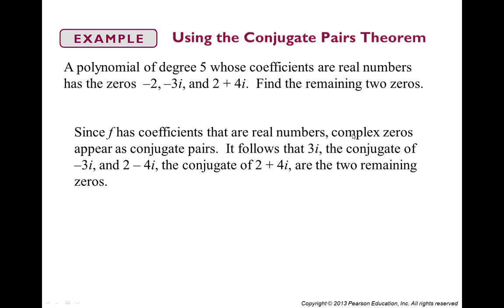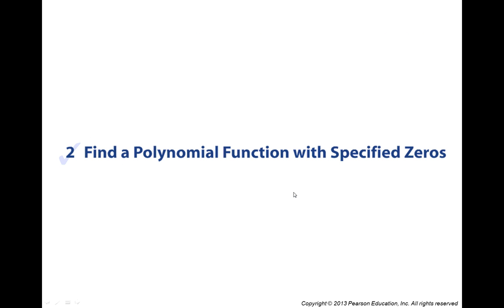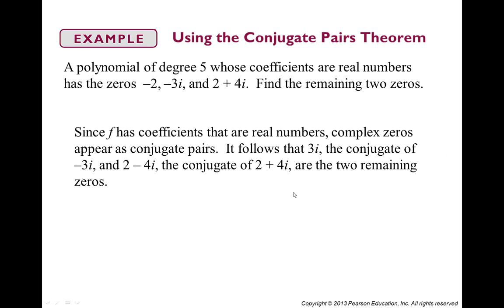Since f has coefficients that are real numbers, complex zeros appear as conjugate pairs. So it follows that 3i and the conjugate -3i are zeros, and 2 minus 4i and 2 plus 4i are zeros. So you just look at the complex ones and change the sign of the part with the i.